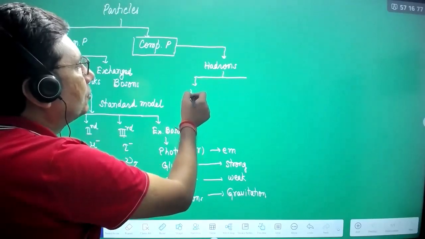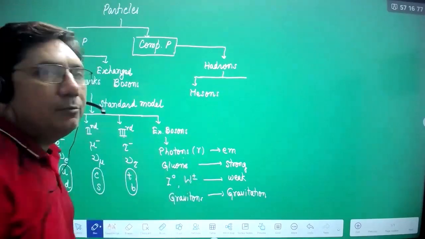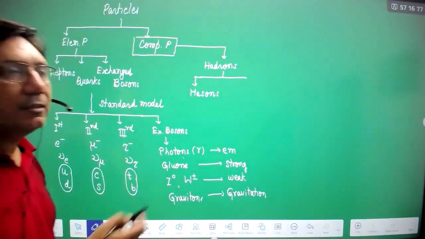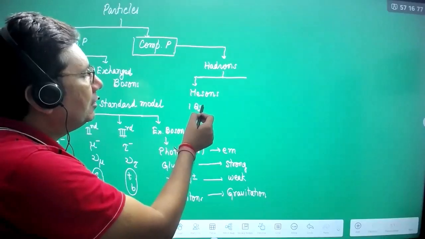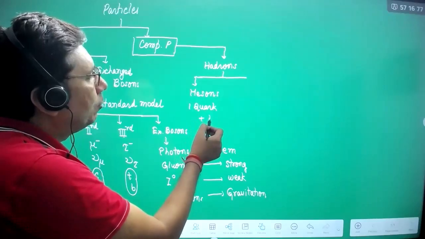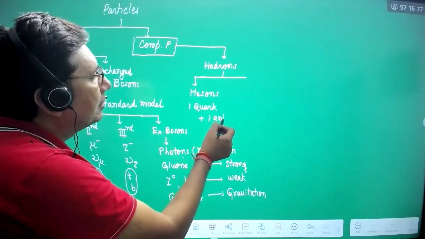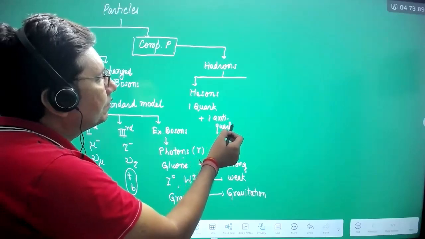One is mesons. These mesons have an internal structure: every meson is made up of one quark plus one antiquark.